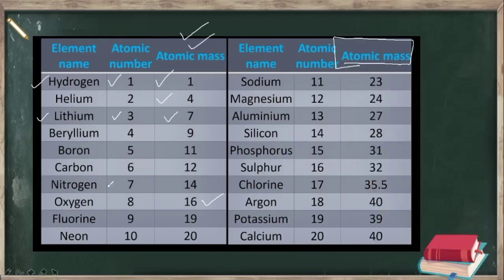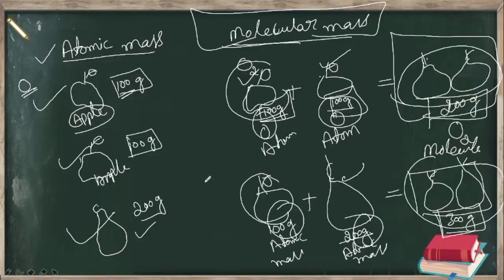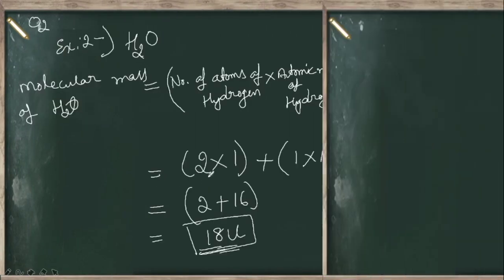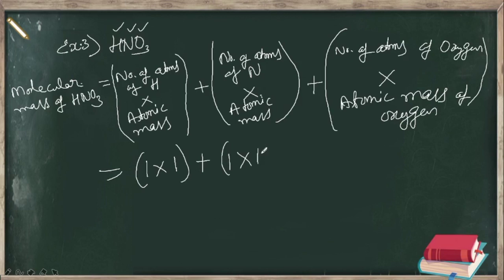What is the atomic mass of nitrogen? It is 14, right? So now I will write 14 here, plus now oxygen, number of atoms of oxygen is how much? It is HNO3, so oxygen is 3 atoms, into atomic mass of oxygen, which is 16, equals.